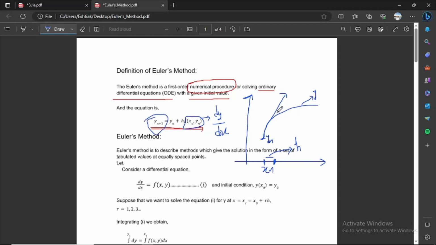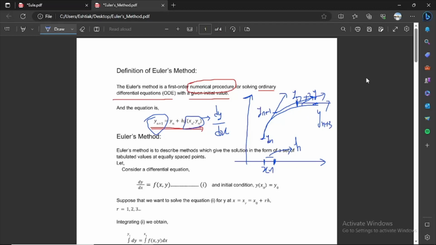Again we will draw another tangent line, which will give us another value of y, which will be yn plus 2, and again we will plot another tangent line which will give another point, which will be yn plus 3, and so on.